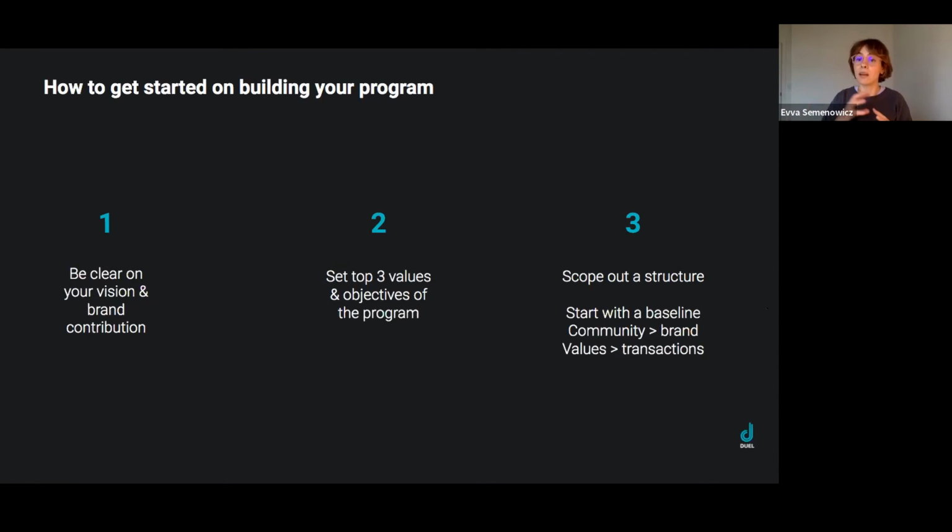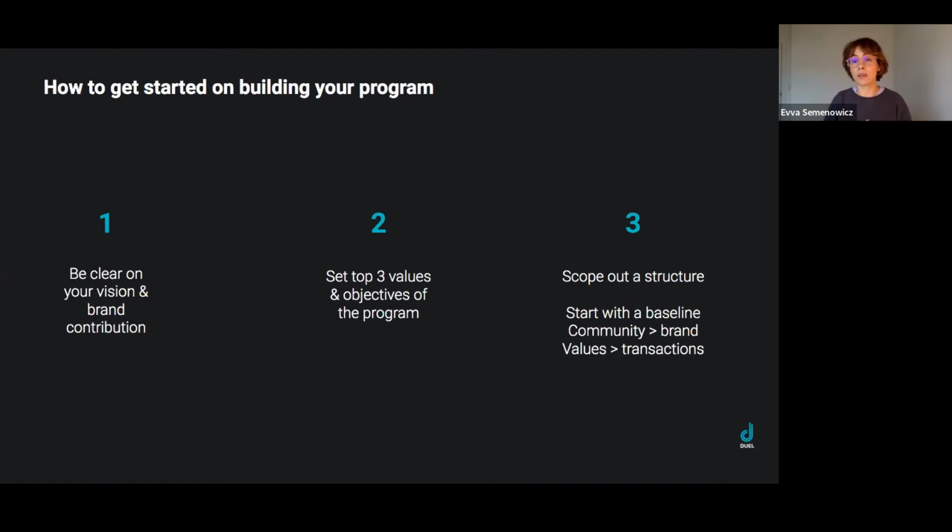What are the values that will unite people in your community beyond the product or service? If you root everything that you do in that, you have a much higher chance of actually engaging people, because you transcend the product or the service, and you're tapping into something a lot more universal.